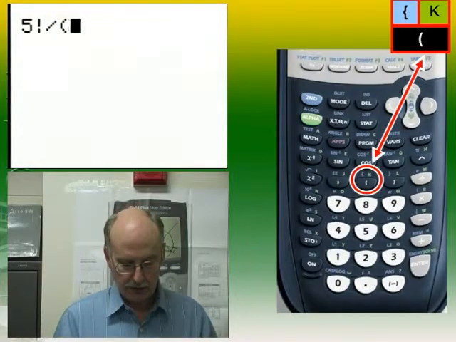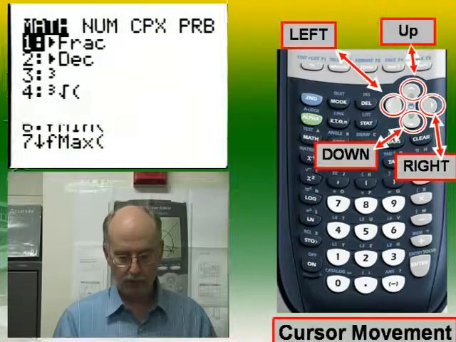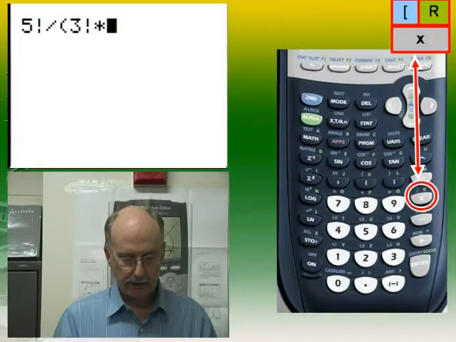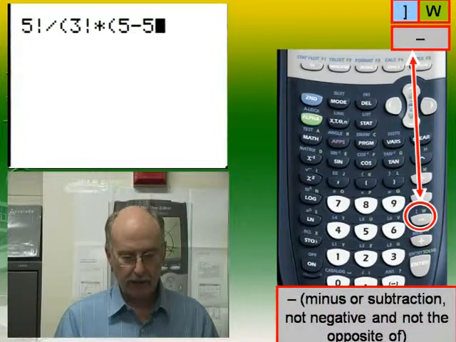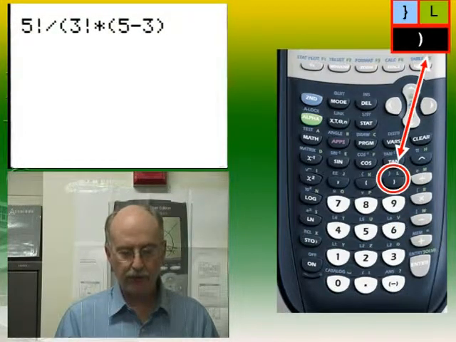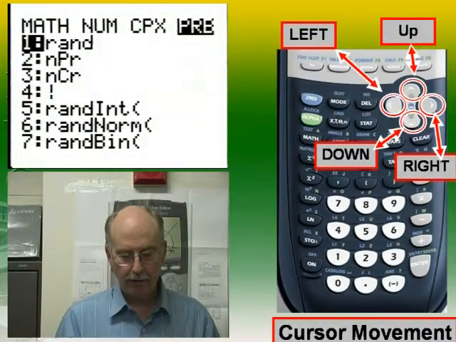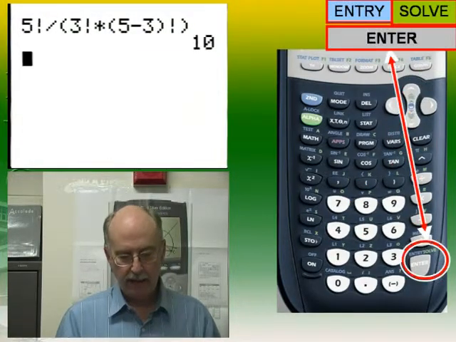X in this case is 3, and we need the factorial sign, so we hit math, scroll over to probability, scroll down to the factorial sign, times, and then in parentheses again, 5 minus 3, closing parentheses. We need a factorial sign, math, probability, factorial, and the final closing parentheses, hit enter.